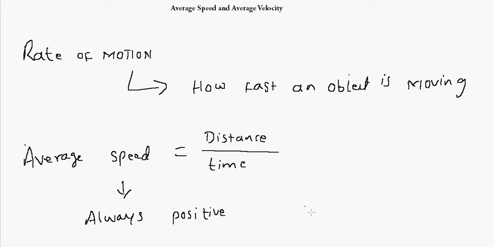The units used to describe average speed are meters per second, using the MKS system or the SI units.